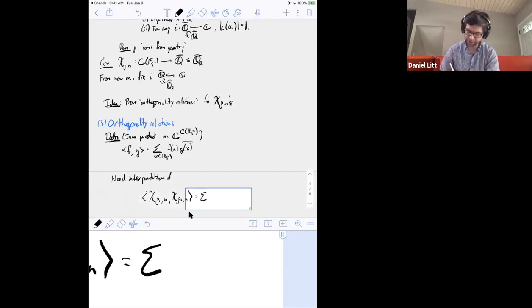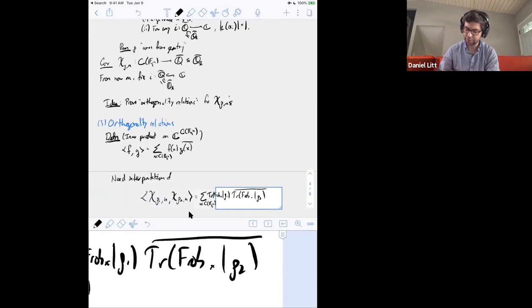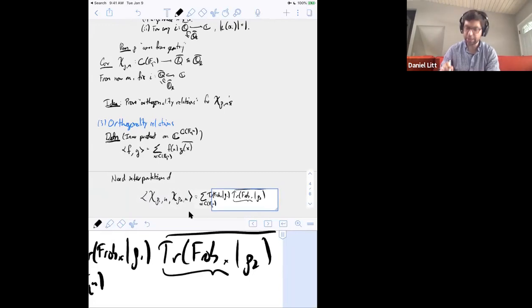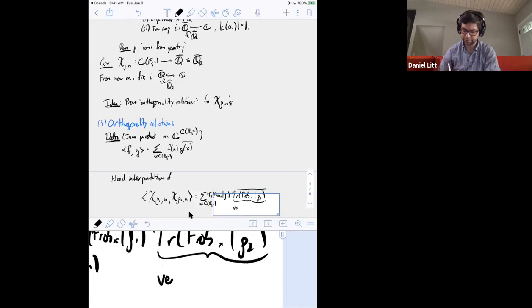Just by definition, it is the sum over the points of our curve of the trace of Frobenius at our point on rho 1 times the trace of Frobenius at our point on rho 2, conjugate. This conjugate should scare you, because it used the random embedding we chose of Q bar into C. So this thing is very mysterious.